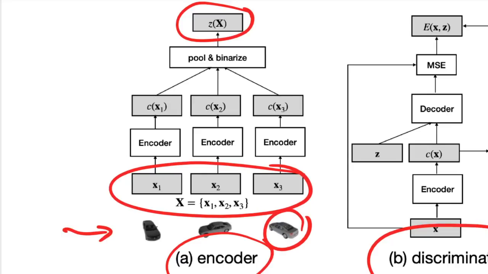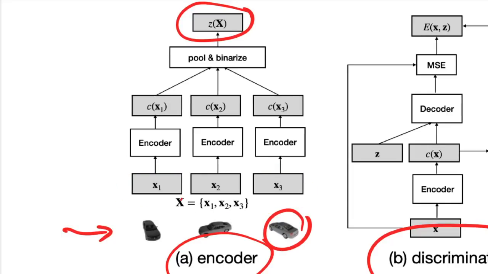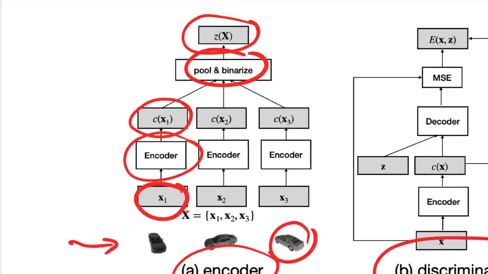So what they do is they put each image through an encoder, which is a convolutional neural network, and that gives them a hidden representation, an encoding, an embedding for each image, and then they have this operation called pool and binarize.